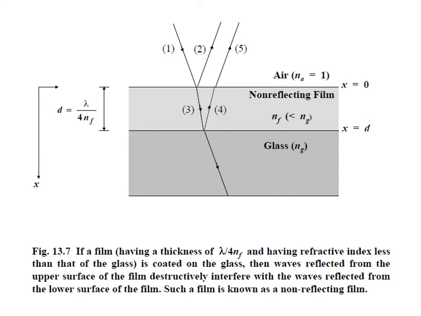If light goes from air having refractive index 1 and falls on the non-reflecting film of thickness lambda by 4nf, and the refractive index of the film is less than the refractive index of the glass surface on which it is coated, then the reflected light from the upper surface of the non-reflecting film and from the interface of the film and the glass, that is rays 2 and 5, are made to interfere destructively, and this makes the reflectance very low compared to no coating of non-reflecting film on the glass surface.